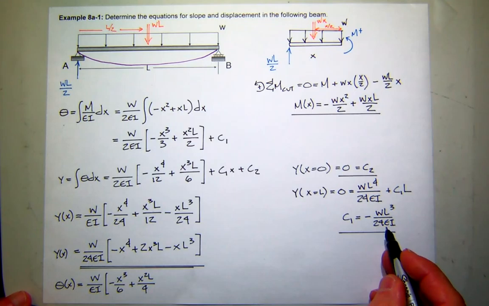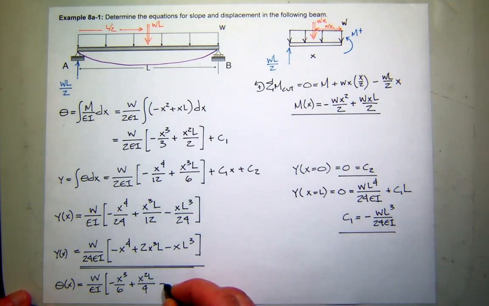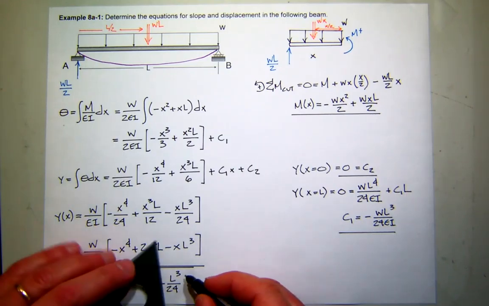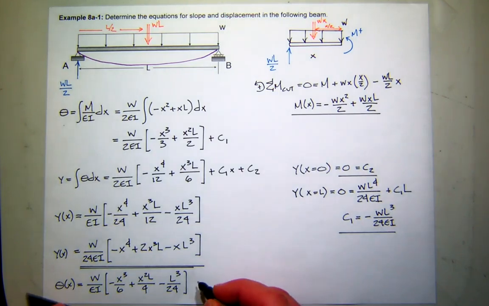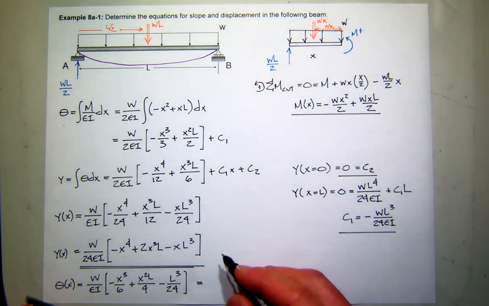And then I plug that back in. I get minus L cubed over 24. If I try to pull my 24 out here, my coefficients will change a little bit.